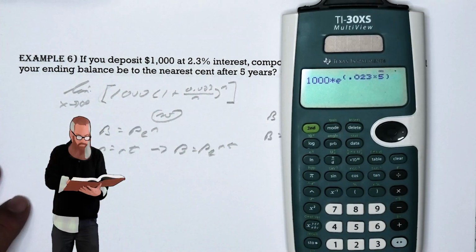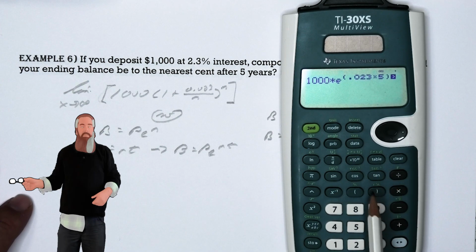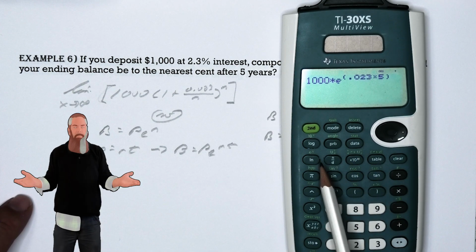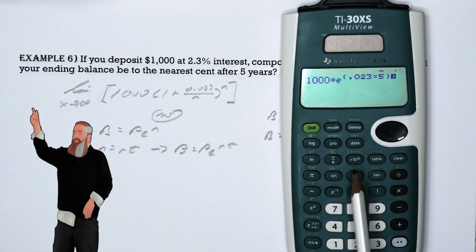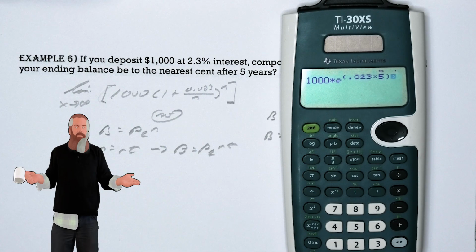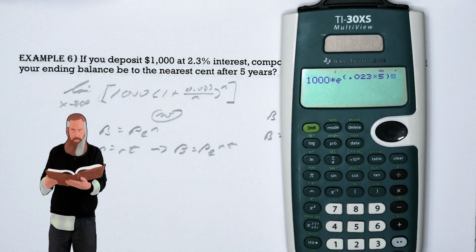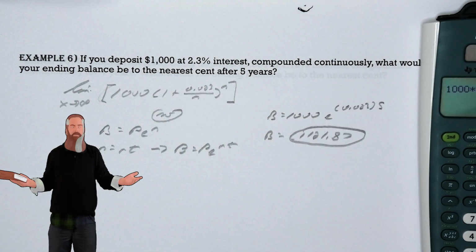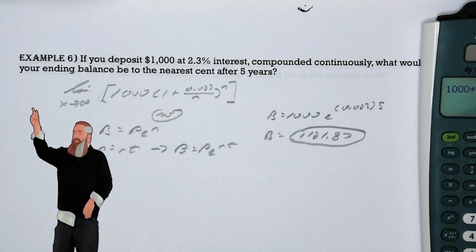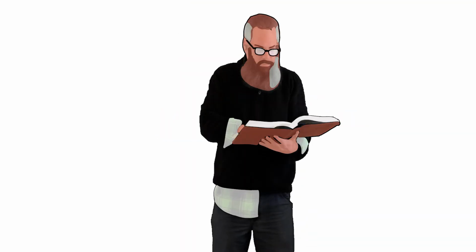Using the TI-30XS, we do 1,000 times, and we have an e to the x button as a second function. Then in the exponent, we open parentheses, put 0.023 times 5, close parentheses, and hit equals. We get $1,121.87.